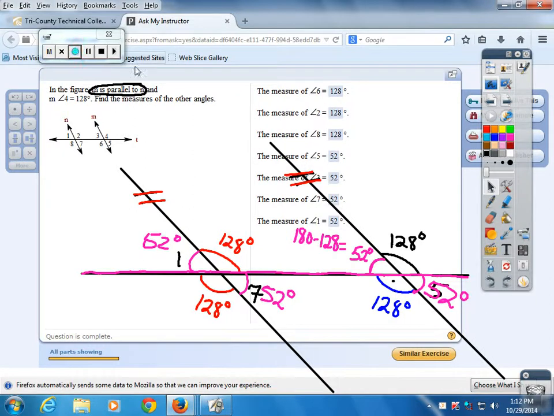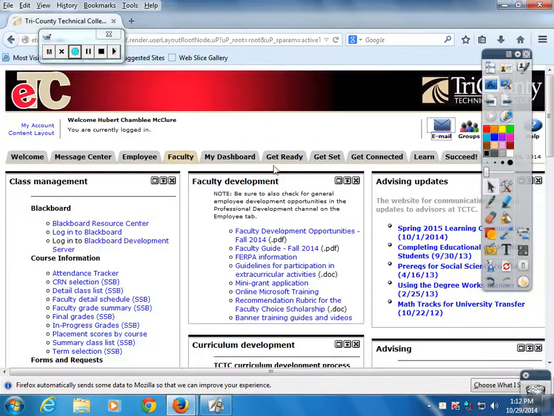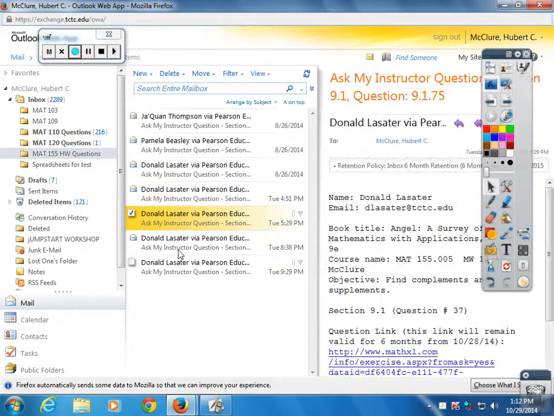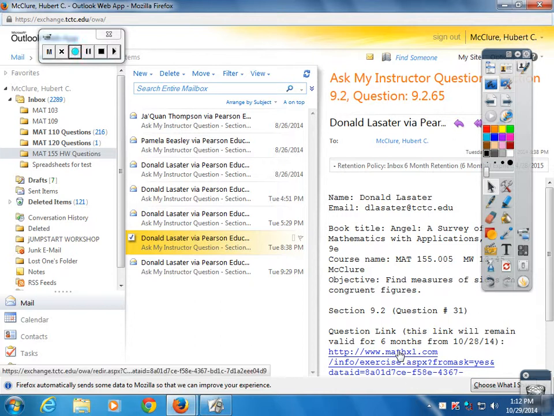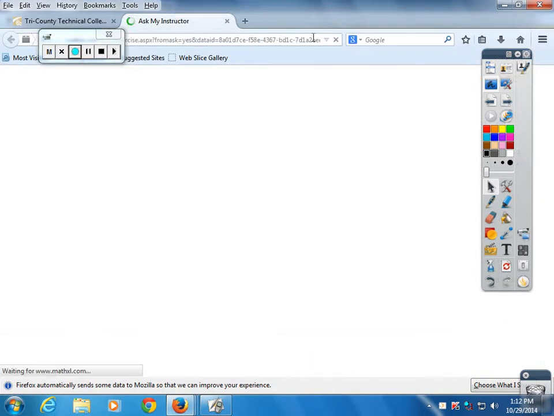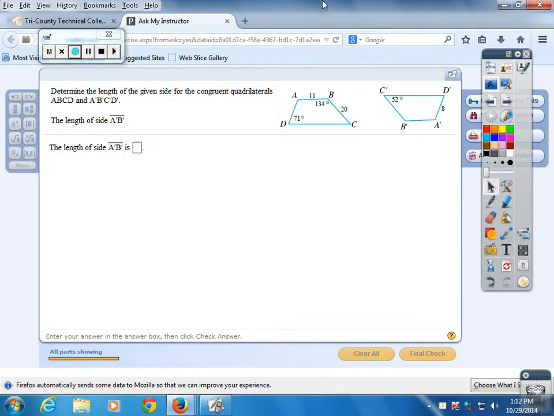All right, let's try another. This one is 9.2, number 31 online.